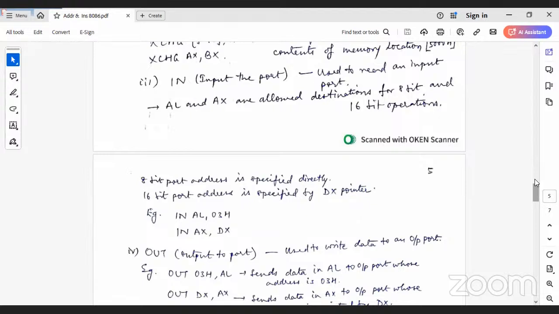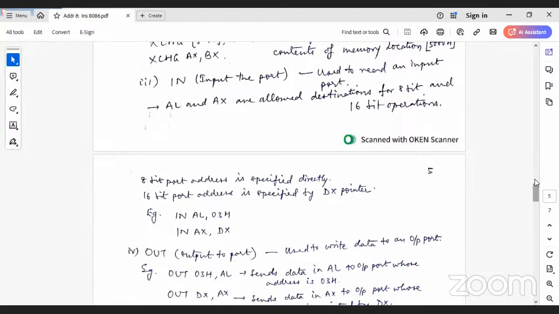Here, IN means it is used to read an input port. One thing to remember is that whatever you type on the keyboard, the processor is going to read it, and whatever appears as a result on the output port, the processor will be writing onto the output port. That is why you say read from an input port, write onto an output port.